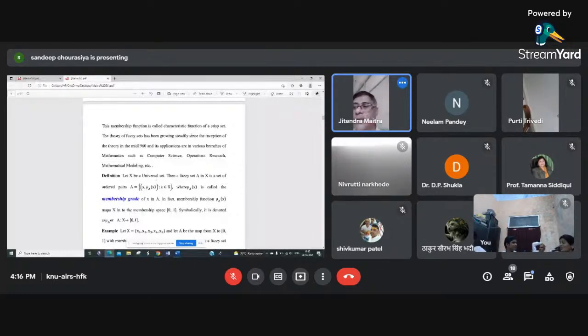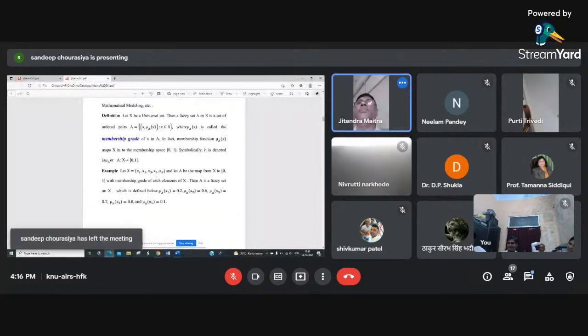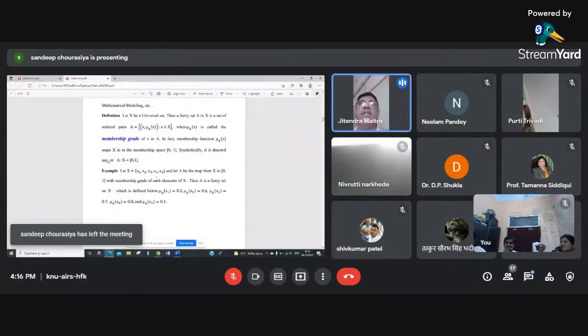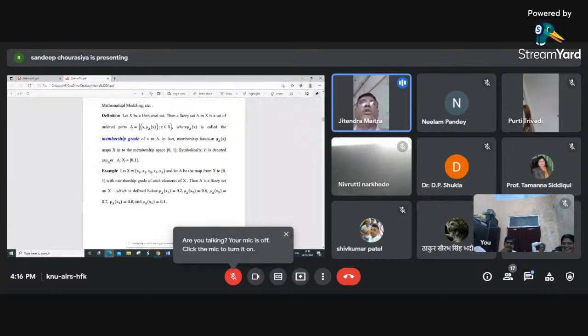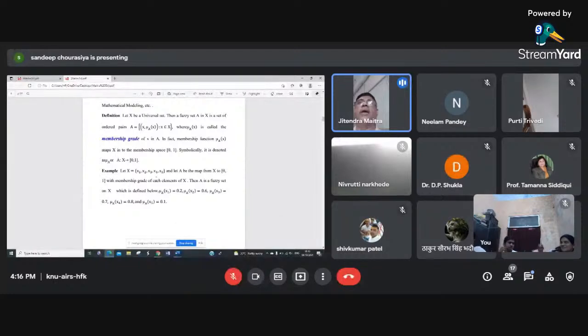Earlier the range set consisted of two elements only, 0 and 1. Now we take all the real numbers between 0 and 1, that is, the closed interval [0, 1]. Any function from the universal set X to the closed interval [0, 1] we call a membership function.